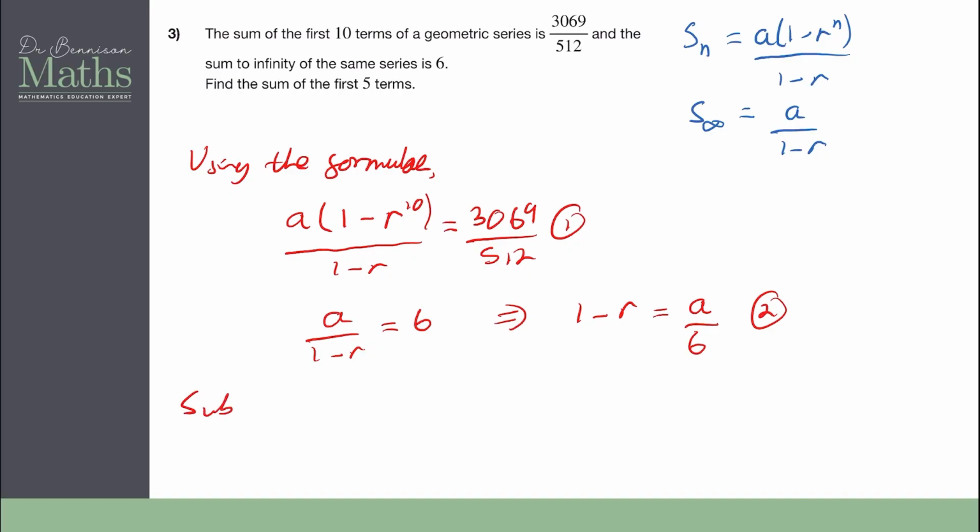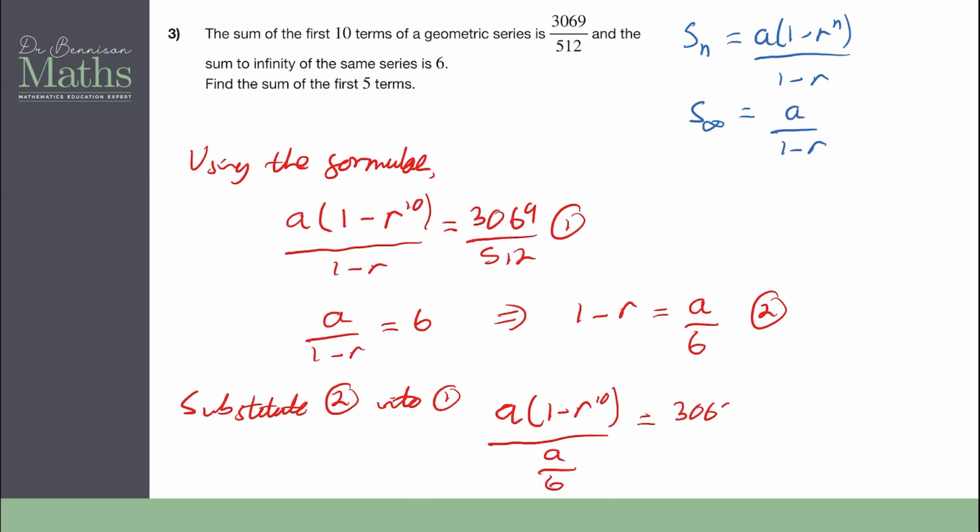So we're going to substitute 2 into 1. So from 1 we've got a times 1 minus r to the 10 all over a over 6, and that's going to equal 3069 over 512.